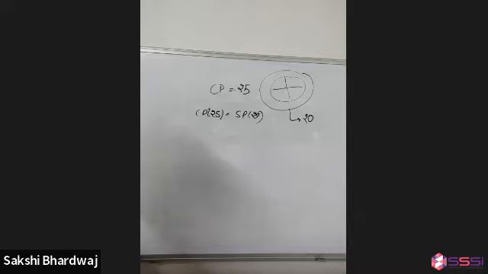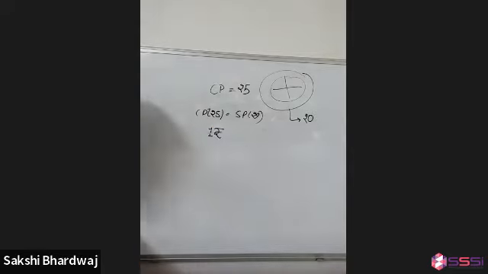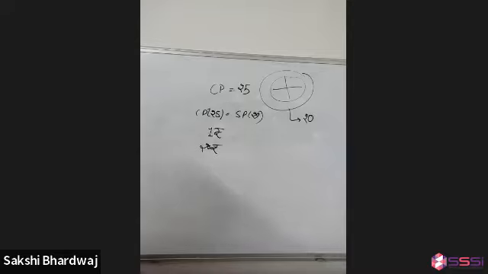Okay. So the cost price of each article, let's say rupees 1. Then the cost price of 20 articles must be 20 rupees, right? So the selling price of 20 articles equals the cost price of 25 articles.